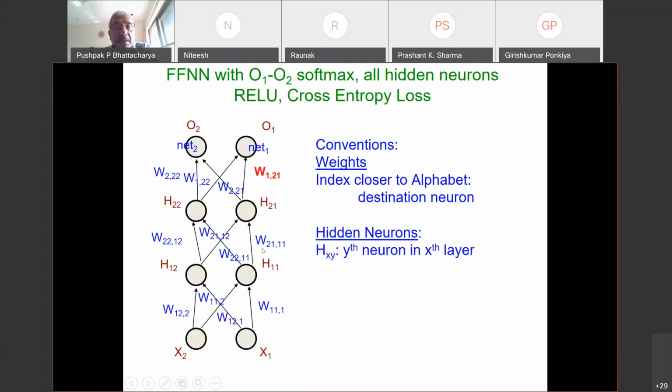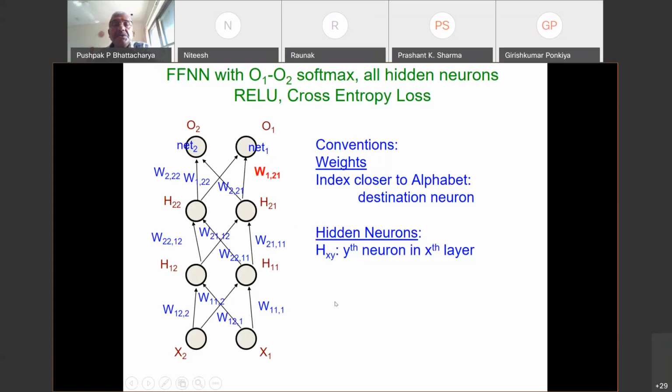Similarly, W21,11 is the weight going from hidden layer neuron H11 in the first layer to the hidden layer neuron H21 in the second layer. So we will be interested in finding the weight change expressions for a weight going to the outermost layer and for a weight going to the hidden layer. And we remember it is the softmax function at the outermost layer and cross entropy loss which is being considered, and the hidden layer neurons are ReLU neurons.